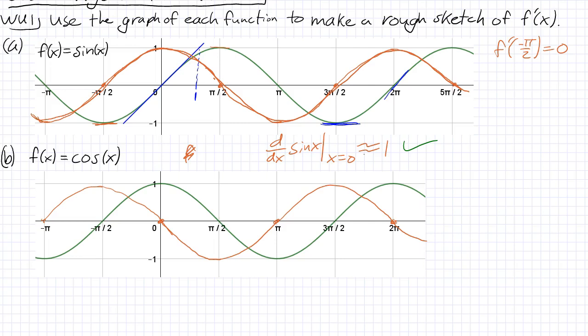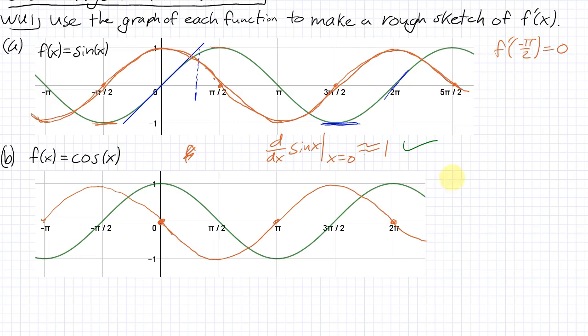And also the derivative of cosine gives you this orange one, which looks kind of like sine in the sense that you have 0, 0 on it, just like sine does. But sine normally starts going up and then comes down again. This one goes down and then comes back up again.